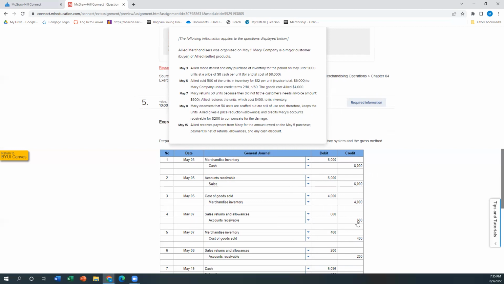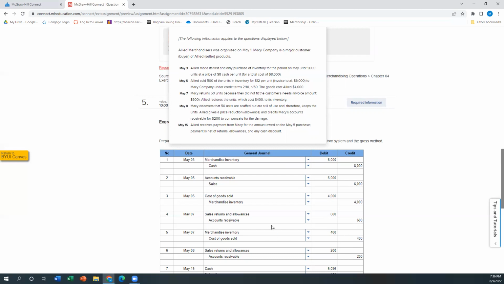Accounts receivable is an asset, so by crediting it, we're reducing our asset, and also reducing the amount we expect our customer to pay us later. And then we also have the cost entry where our merchandise inventory goes back up, so a debit to merchandise inventory, and our cost of goods sold goes down, or a credit to cost of goods sold.